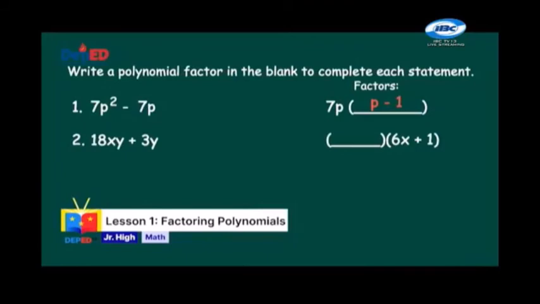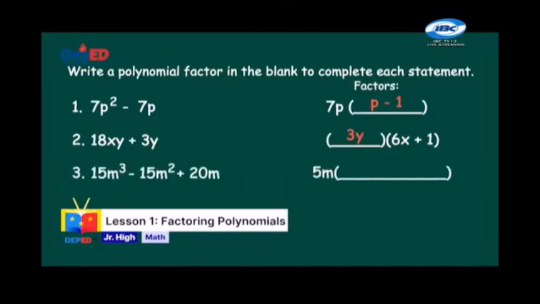The polynomial 18xy plus 3y can be written as the product 3y times the binomial 6x plus 1. Number 3, 15m cubed minus 15m squared plus 20m is equal to 5m times what polynomial?